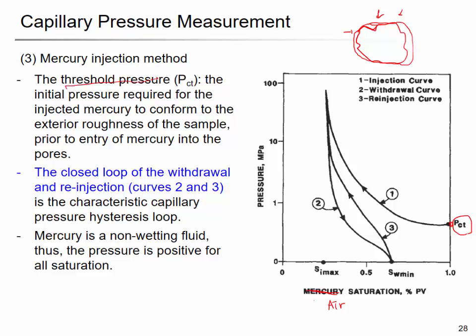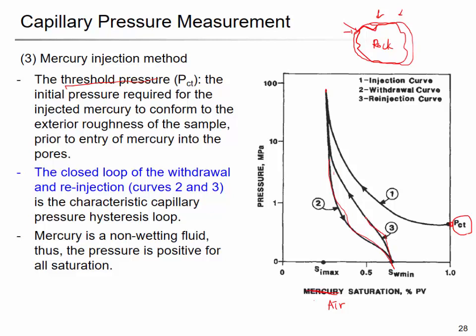And then you increase the pressure, and this will invade into the rock core to a certain point, that's the residual water saturation or the irreducible saturation. And then when you decrease the pressure, you follow this line, and you do the same pressure increasing cycle.